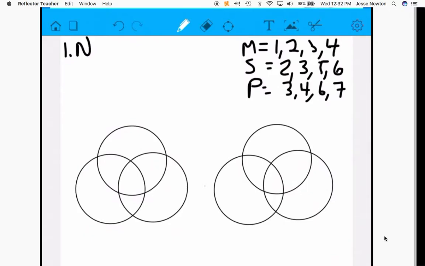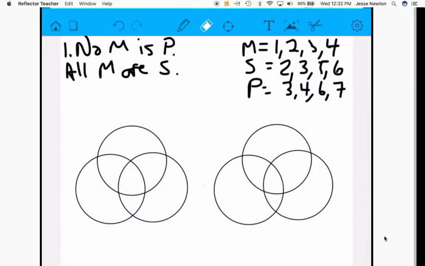So, 1. No M is P. 2. All M are S. That says R in case you're wondering. And 3. All S are P. Oh goodness, I've left off the numbers here. Sorry, why'd you guys let me do that?